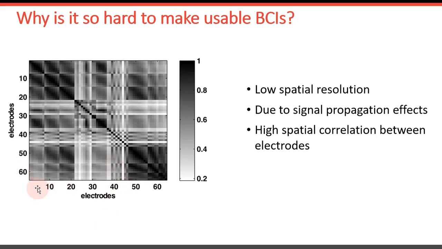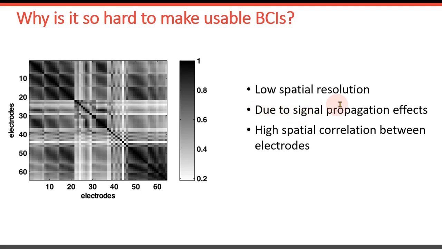In ideal cases, we want each electrode to represent clear information about the mental state that is not highly correlated with a neighboring electrode. So this brings us a low spatial resolution, so we cannot pinpoint exactly in which channel, in which part of the brain some interesting activities happen.